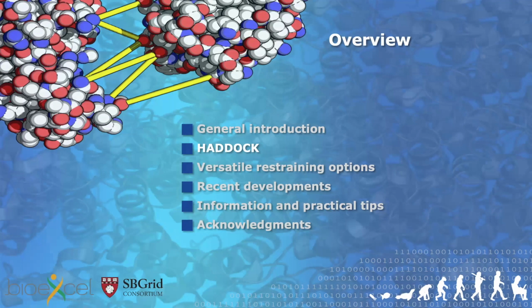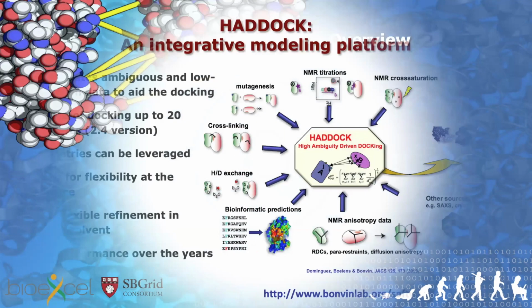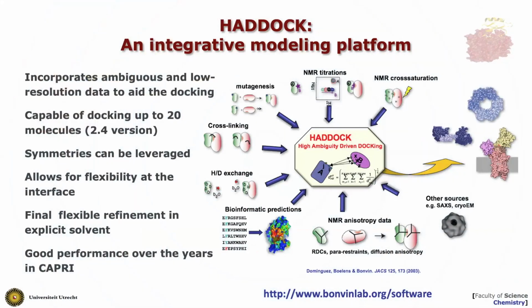And now we're going to move more into the specifics of HADDOCK. So HADDOCK is now almost 20 years old. The original publication was in 2003, and the idea, of course, came before that. The idea came from NMR data, where we were getting those titration experiments which point to where things are binding, or which region of the protein is affected by the binding, but it's not telling you how it's binding.